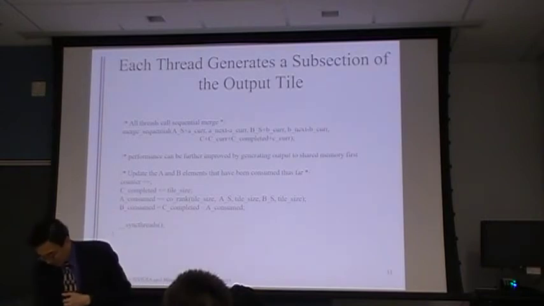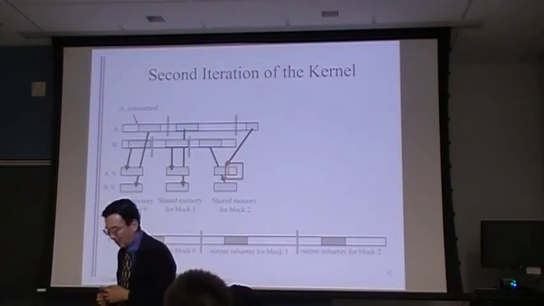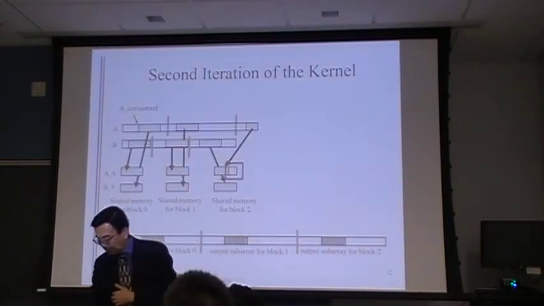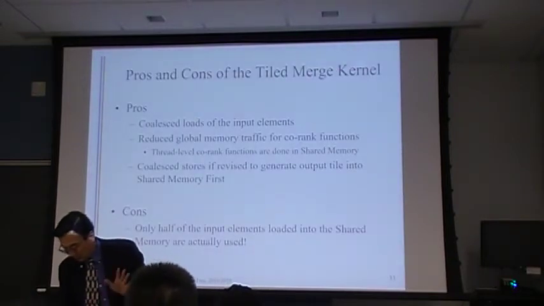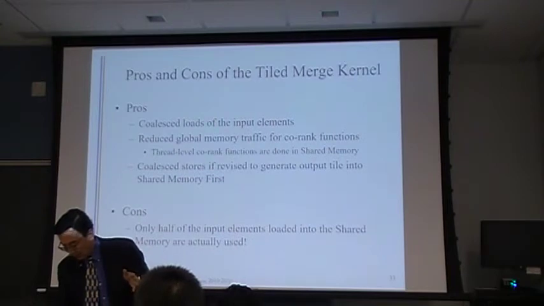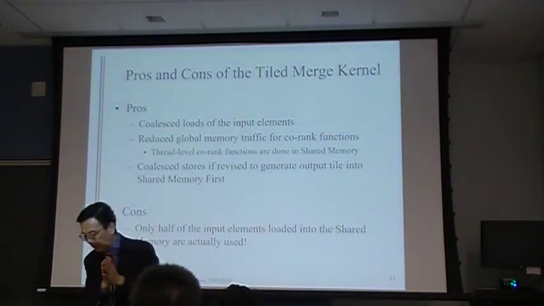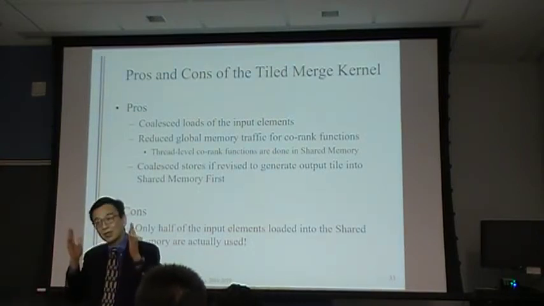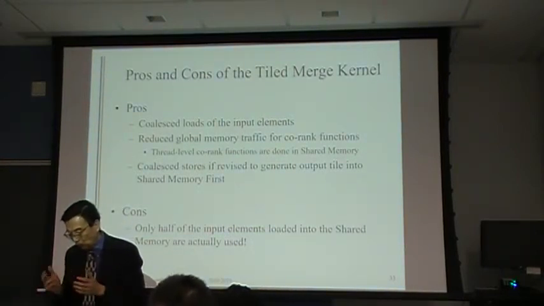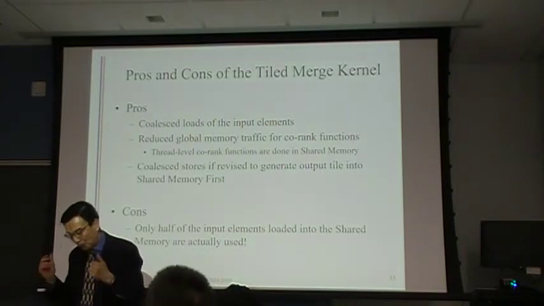Okay, so let's think about this. We already kind of talked about this, then we talk about the pros and cons. The pros are coalesced loads of the input elements because we're loading the tiles into shared memory, and reduced global memory traffic for co-rank function access.